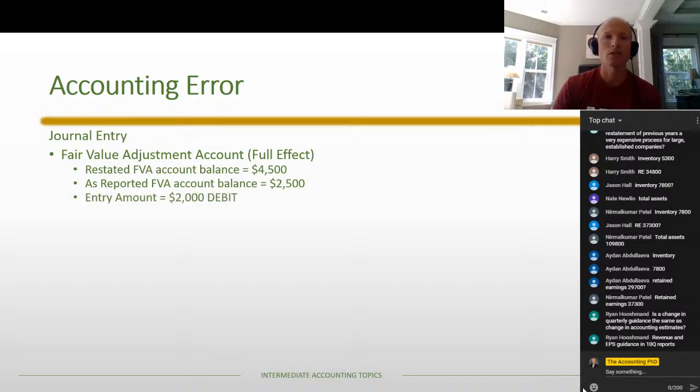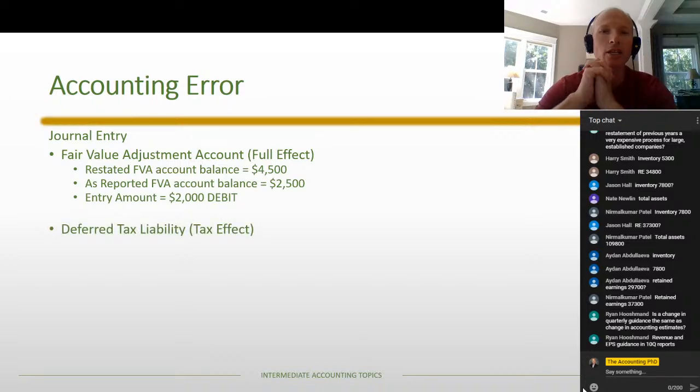And so what that tells us is the entry amount to the fair value adjustment account should be a $2,000 debit. That increases the fair value adjustment account balance. Again, $4,500 is what they should have reported. $2,500 is what they did report. And so we need to now make an adjusting entry to change the account balance in our fair value adjustment account. Again, I'm trying to go slow, but the full effect is going to show up there, so I need to calculate what that full effect is.